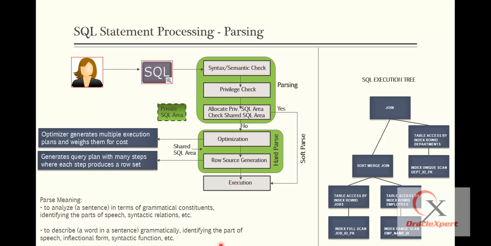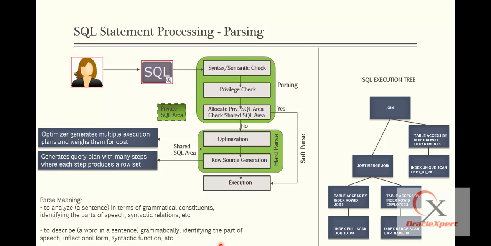What is the role of the init parameter optimizer dynamic sampling, so that my optimizer can still make, in the absence of object statistics, a more intelligent decision instead of simply being misled by the missing statistics? How does that parameter help the optimizer gather runtime statistics to make a more informed decision and come out with a plan that is the least costly plan as of now?